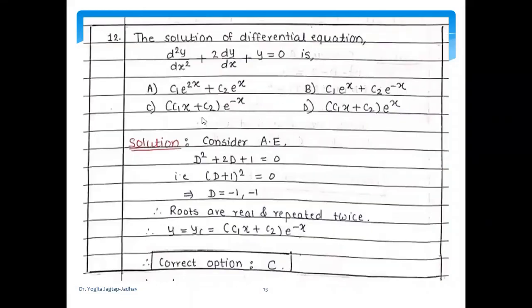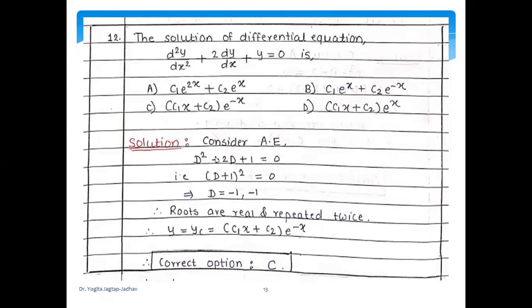Now let us look at the 12th example. The solution of the differential equation d²y/dx² + 2 dy/dx + y = 0 is. Again, 4 options are provided. Again, assigning d/dx as capital D, we have the auxiliary equation D² + 2D + 1 = 0.